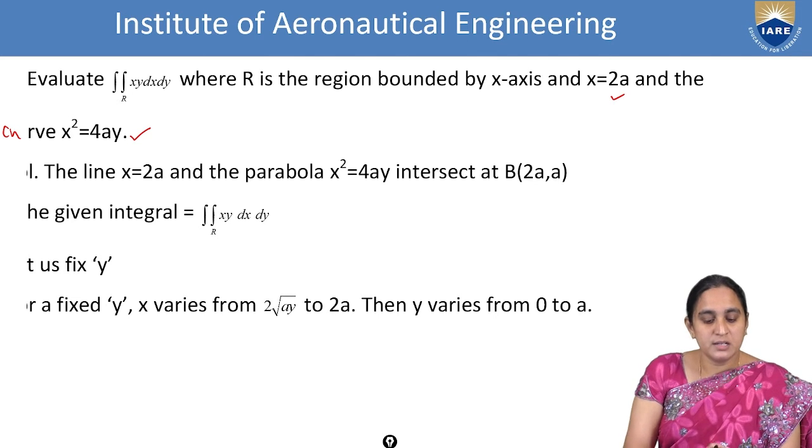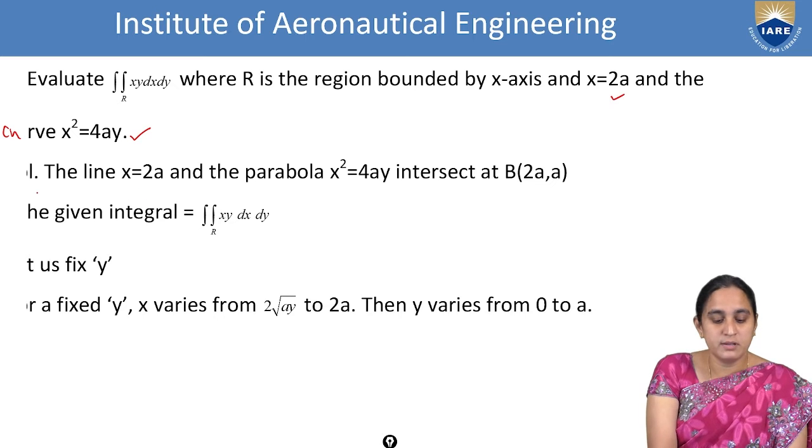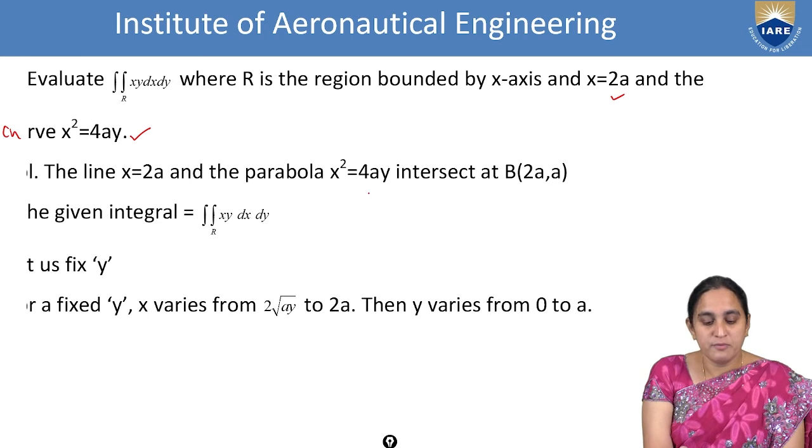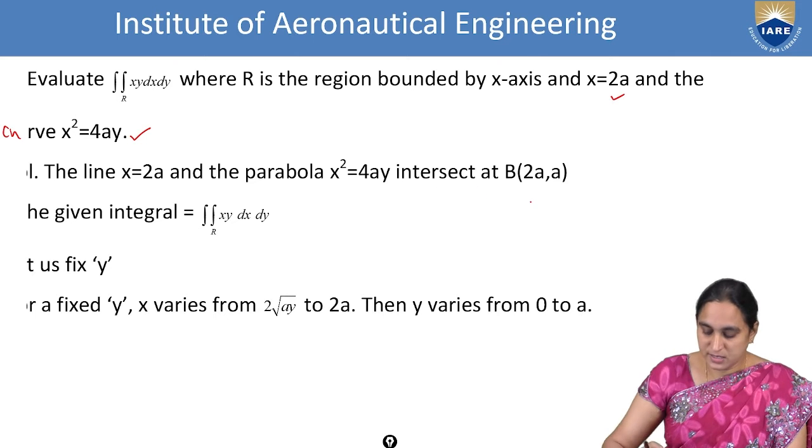The given equations are the line x is equal to 2a and the parabola x square is equal to 4ay, which intersect at 2a comma a.